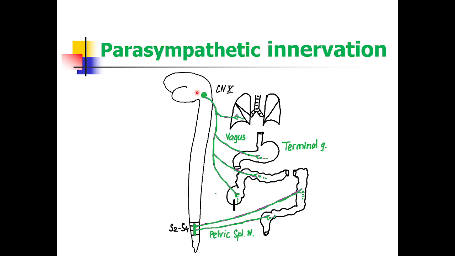So from those, we actually innervate region of the head and vagus up to the terminal abdominal. So for pelvis and for hindgut, as I mentioned, we are using this sacral center.